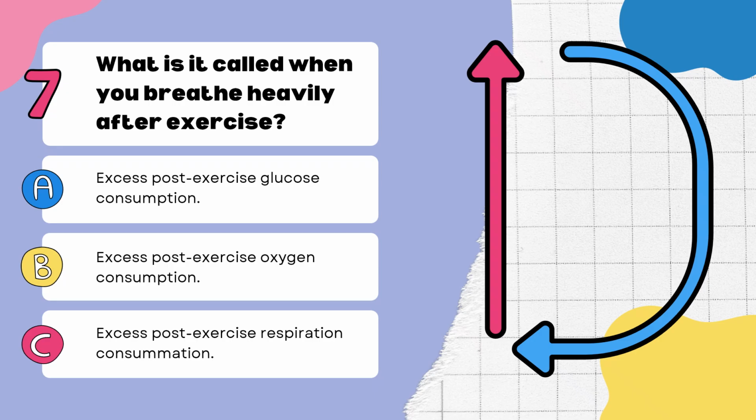Now, this one is a little bit more of a critical thinking question. What's it called when you breathe heavily after exercise? Is it excess post-exercise glucose consumption, excess post-exercise oxygen consumption, or excess post-exercise respiration consumption?